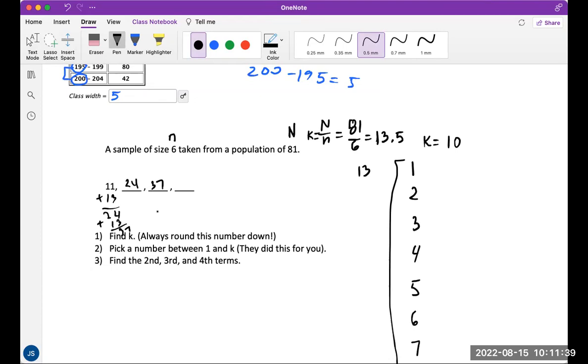That's why I was circling 37 over there. And then you add another 13 to the previous number, and that gives you 50. So these are the first 4 people to be sampled in a population of 81: 11, 24, 37, and 50.